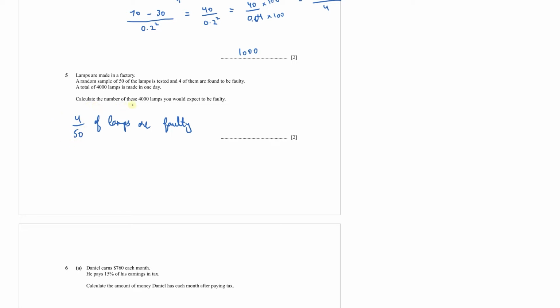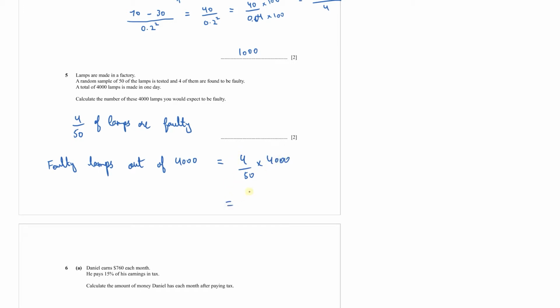So now to calculate the faulty lamps out of 4000, the number of faulty lamps out of 4,000 will be equal to the fraction, which is 4 by 50 multiplied by 4,000.